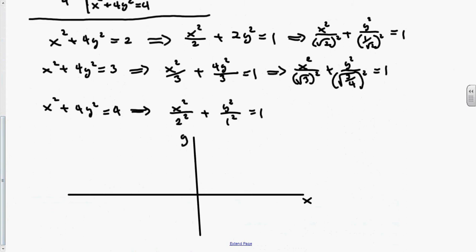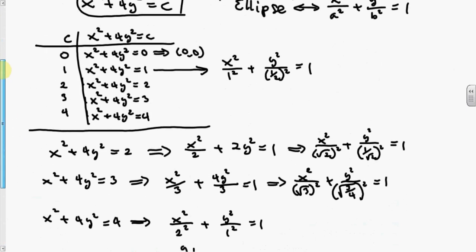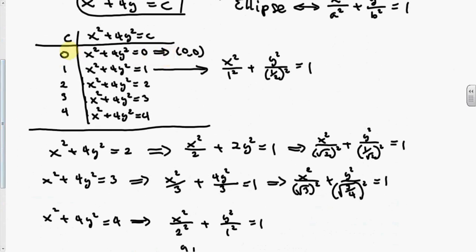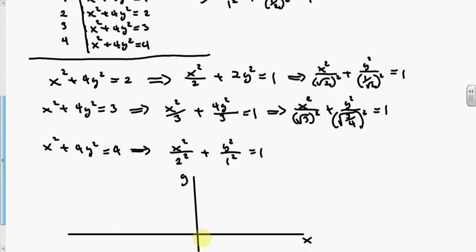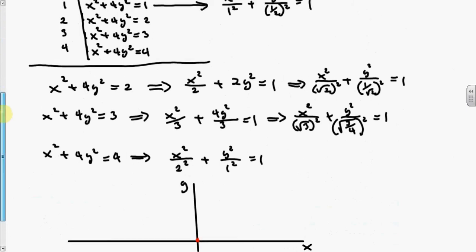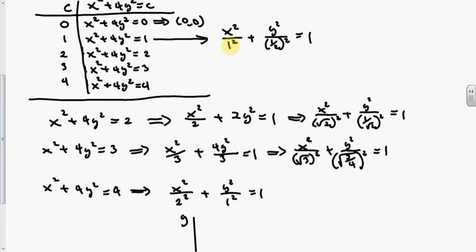So for the first graph, which is a point when c is equal to 0, just right here at the origin. No more calculators here. We can get this one.